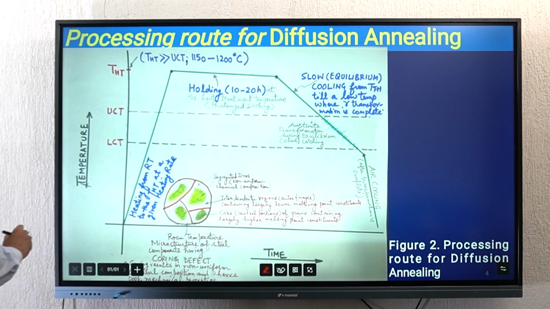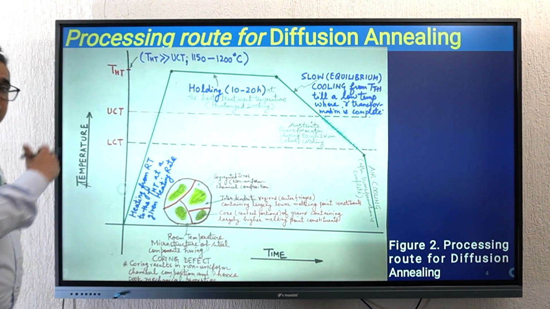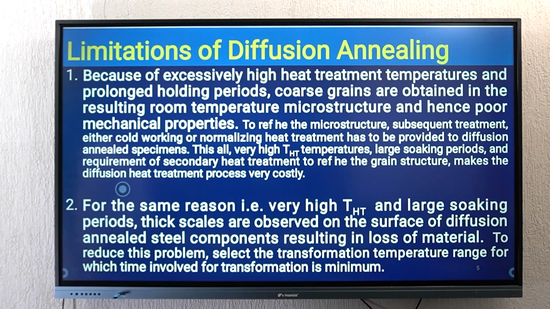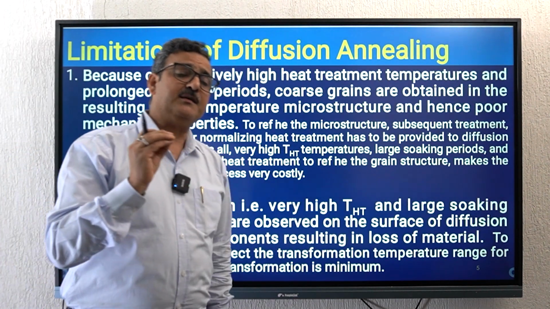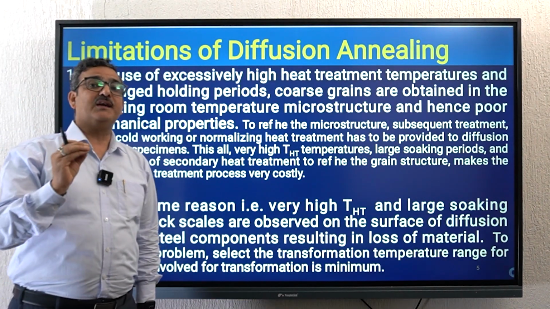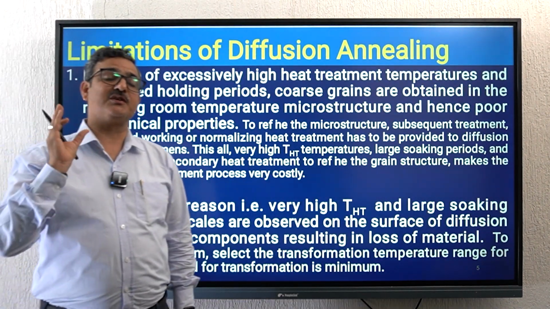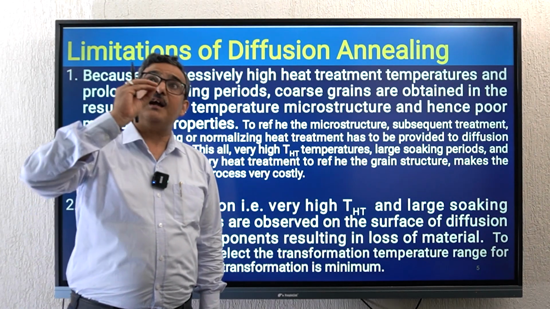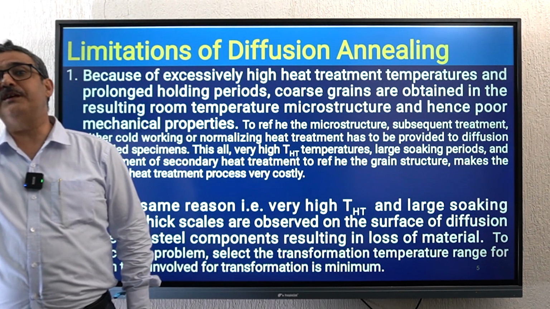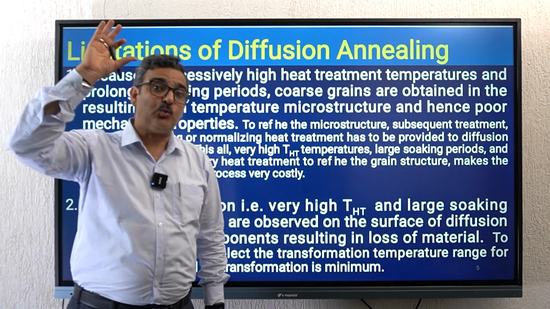Now let us see what the limitations of this process are. So students, I said very, very high heat treatment temperatures have to be followed during diffusion annealing or homogenization annealing. Not only that, at these high temperatures, you have to hold the steel for prolonged periods of time, as large as 20 hours.